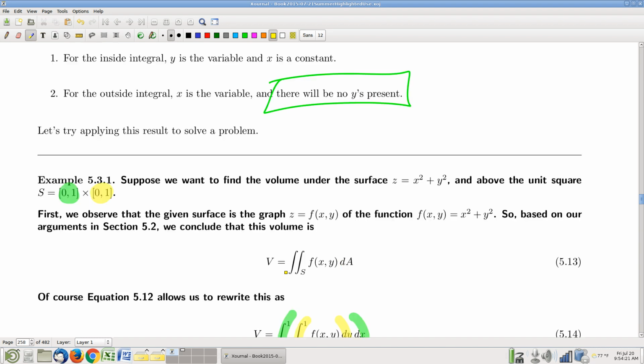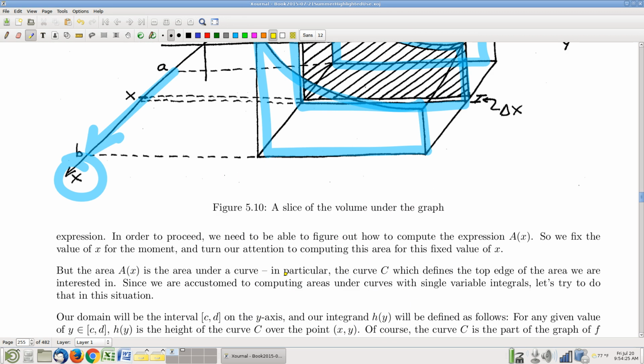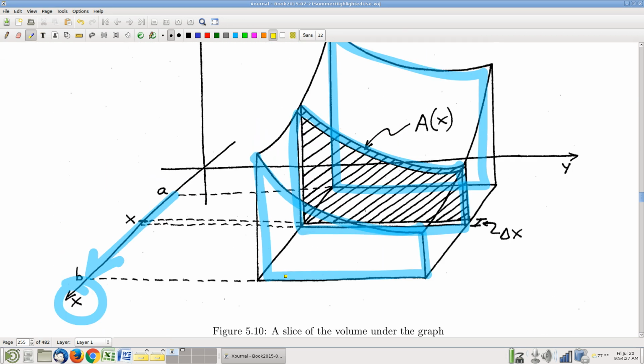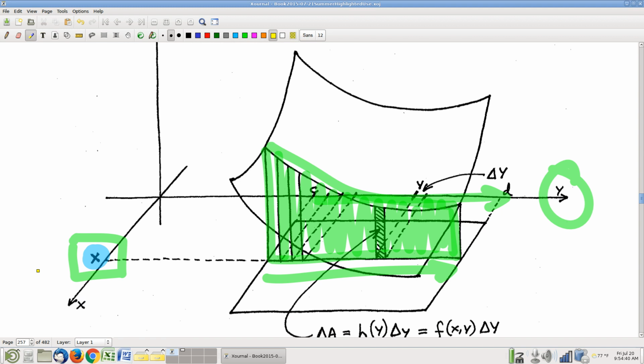You can think it through if you'd like in terms of these two integrals. You can see what x is doing. The range of values of x in the x integral is the same as, well, what's the x shadow of the rectangle in question? And likewise, the range of values of y in the y integral. Well, what's the y shadow of the rectangle?